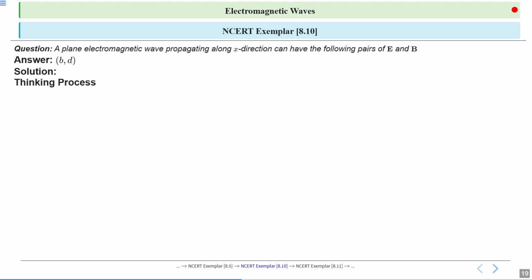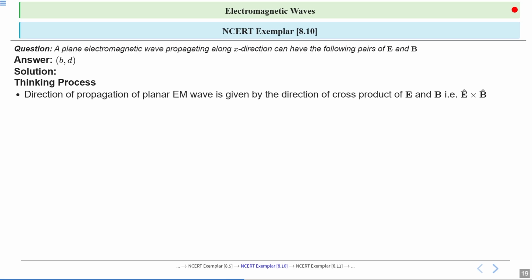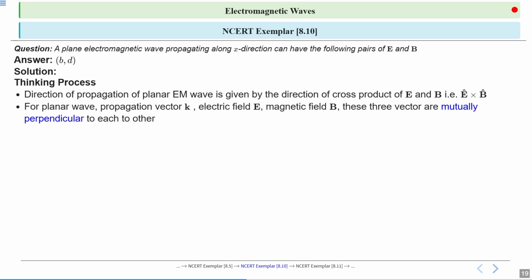So what is the thinking process for this question? The direction of propagation of electromagnetic wave is given by the direction of the cross product E cap cross B cap, that means direction of electric field cross direction of magnetic field. For a planar wave, the propagation vector K has magnitude wave number K, which is 2 pi upon lambda.